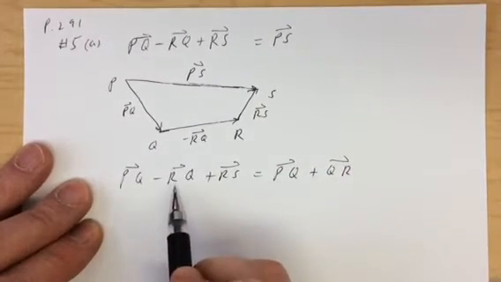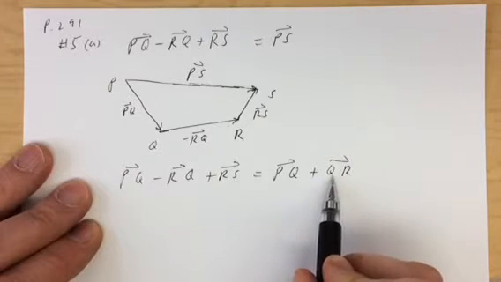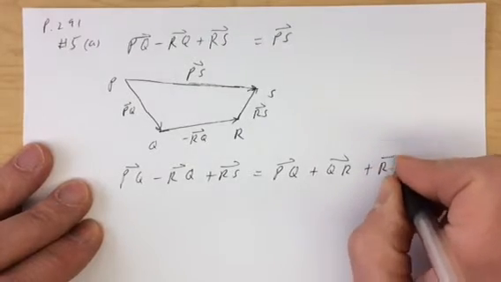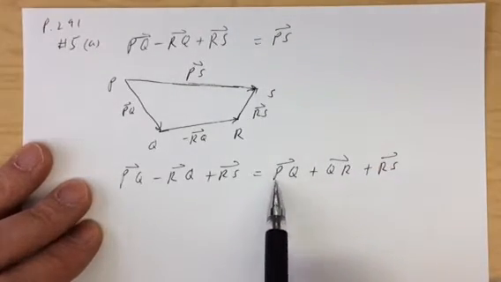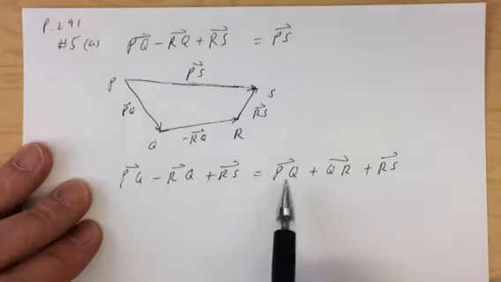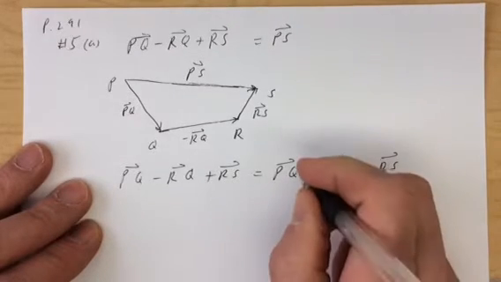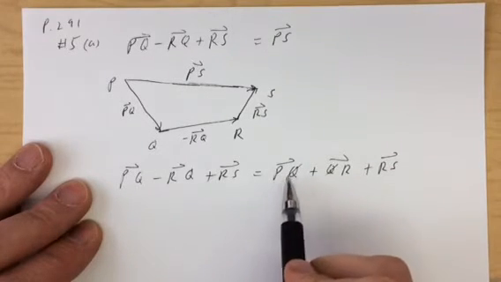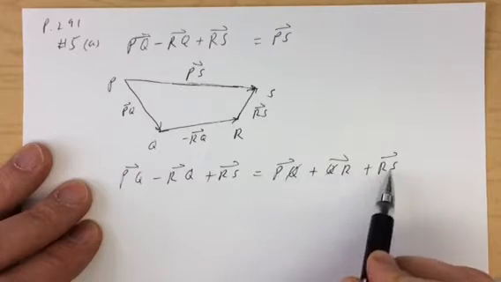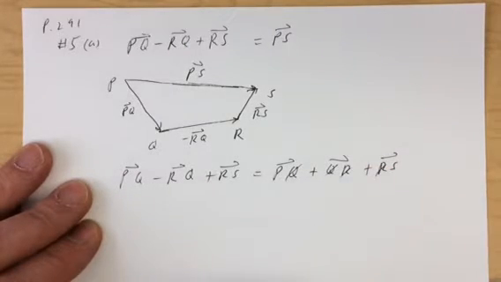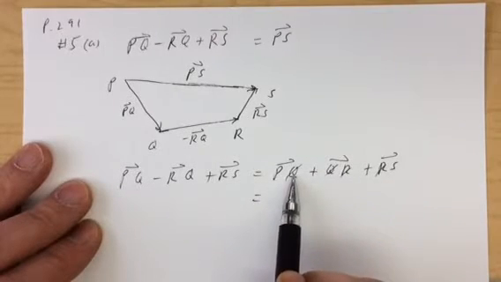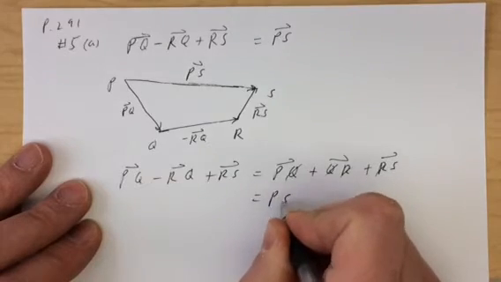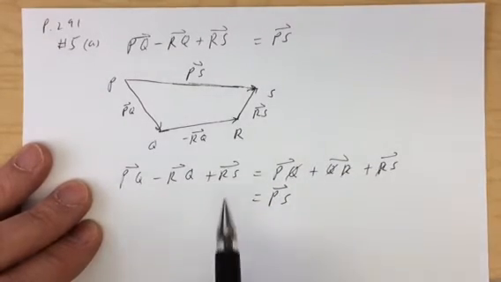Okay, so I'm rearranging the minus RQ to plus QR, and then plus RS. And in this, when you go from P to Q and then Q to R, you're really just going from P to R. So these pretty much cancel out. So if you go from P to Q, then Q to R, and then R to S, well, the R's cancel out too. As long as they end and start with the same letter, you can get rid of them. You end up with PS. Same result as if we drew it.